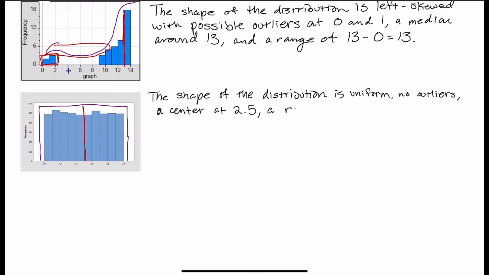So there's only a difference of 1 in between them. So that's from doing 3.0 minus 2.0, which will get us that range of 1. So all these different types of problems should help you to be able to describe shape for any sort of graph that we talk about.